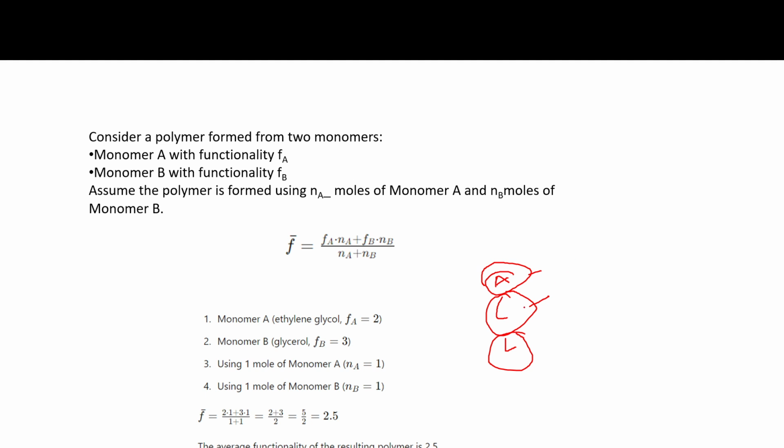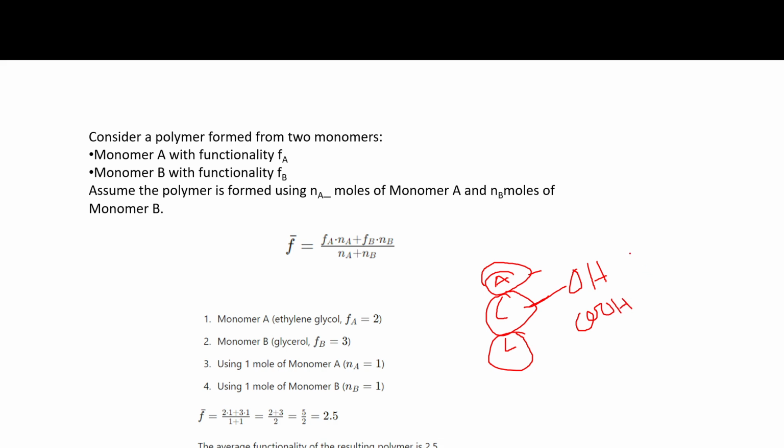When we are talking about condensation polymerization, it always involves some functional groups. If you want to synthesize an ester, two functional groups are needed, that is acid and alcohol.